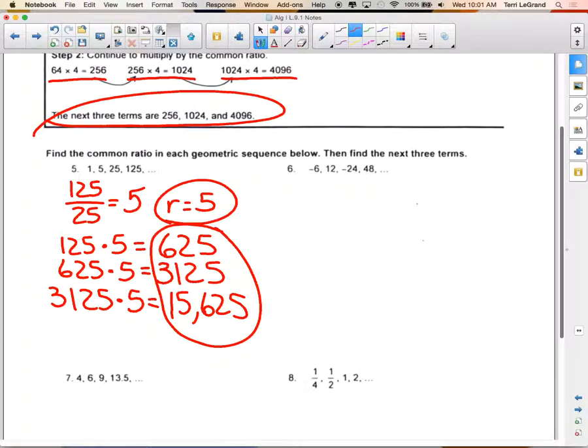The next 3 terms. Do our next 3 terms make sense? Yeah. Why? Because they were multiplying by the same thing. And what else? Josh? If you take 15,625 divided by 3,125, okay, if you take a term and divide it by its previous term, you get 5. What's this sequence doing? Is it increasing or decreasing?